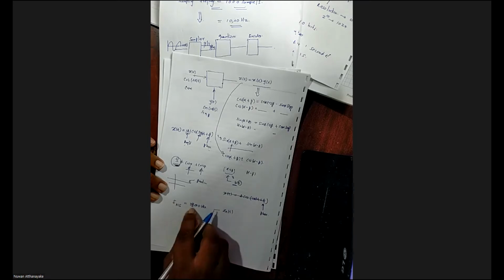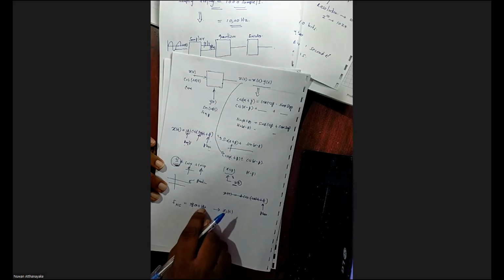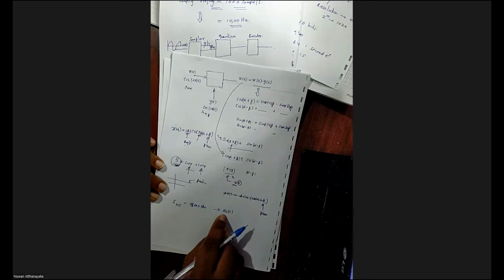This rate should be there to sample this signal, otherwise you will end up with the aliasing effect. If you choose any sampling frequency less than this value, you will get aliasing. So you have to use at least 1800 hertz in order to avoid aliasing.